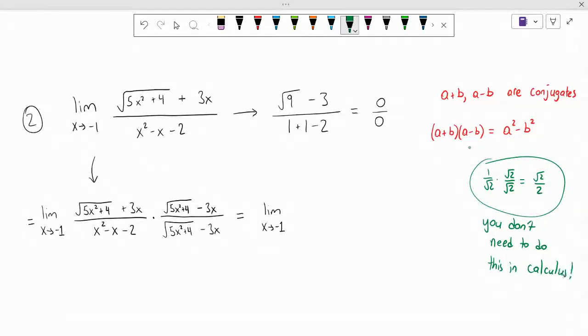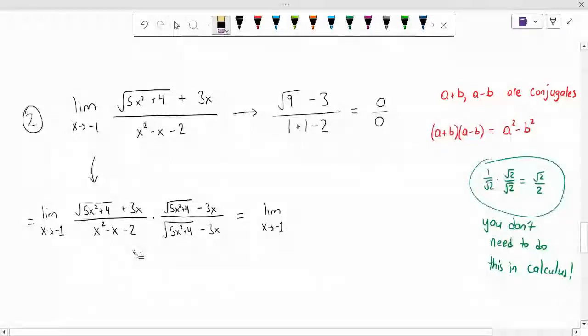So we're going to multiply the two fractions together. To do that, we just multiply the numerators and the denominators. In the numerator, when you multiply by conjugates, we know that it's going to result in a difference of squares.